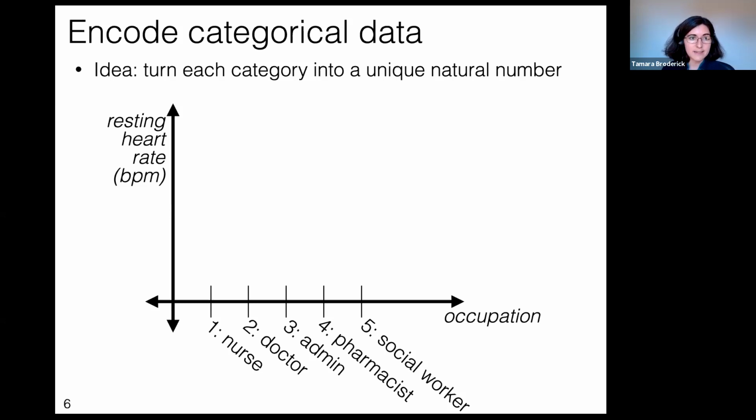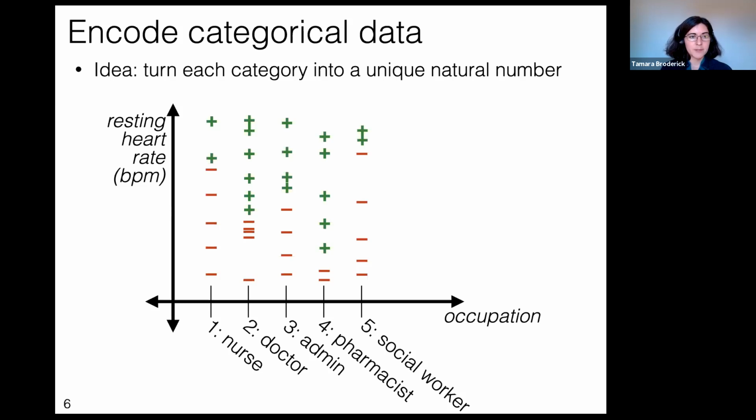Maybe we find, in general, that people with a higher resting heart rate tend to have heart disease, and people with a lower resting heart rate don't have as much heart disease. And we see that things really do change by occupation. We'd like to pick that up with our classifier, that occupation has some predictive power and can help you predict. Okay, well, here's an issue.